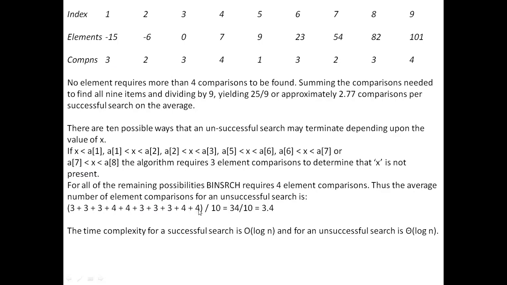Now you sum up all together. You will get 34. The number of cases is 10, because here we also have the case of less than a of 1. So 34 by 10 is equal to 3.4.